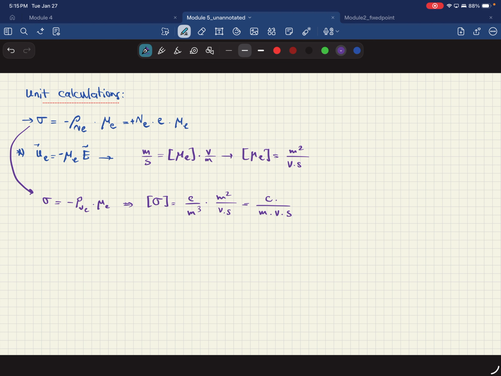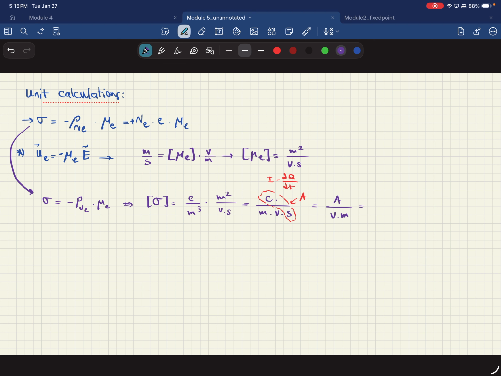What is coulomb per second? dq over dt. What is that? Yes, exactly. This comes from I being dq over dt. This is amps. So this is equal to amp over volt meter.